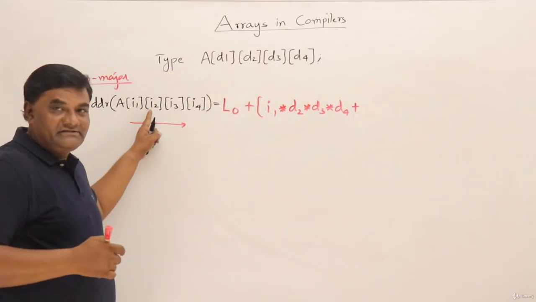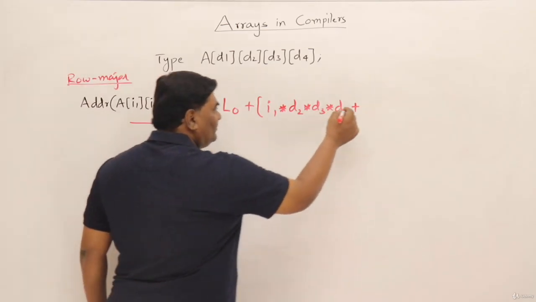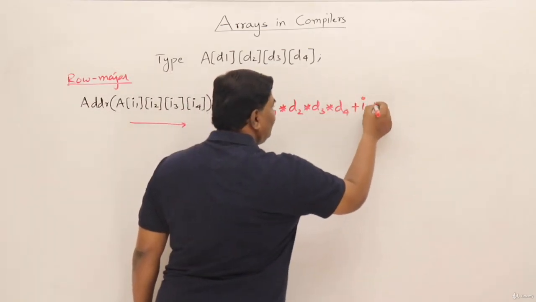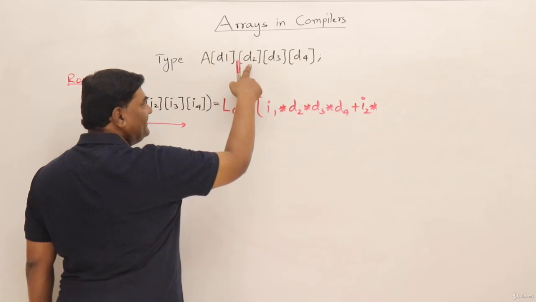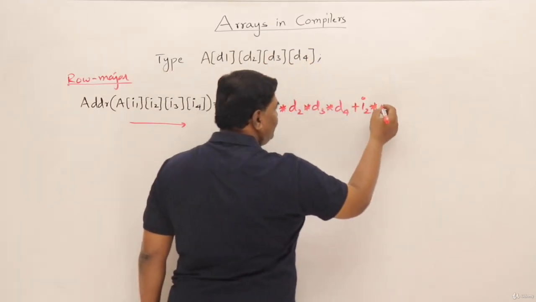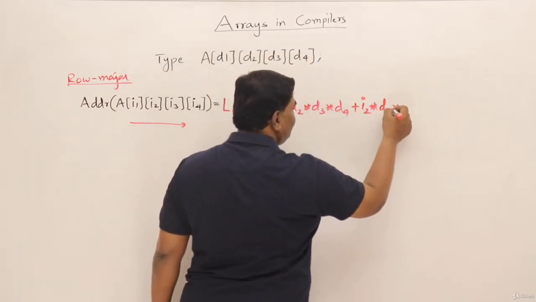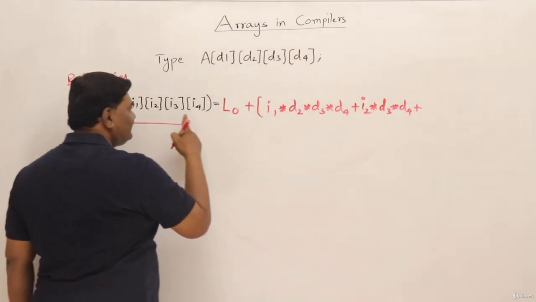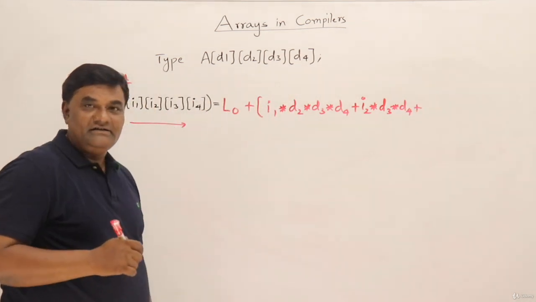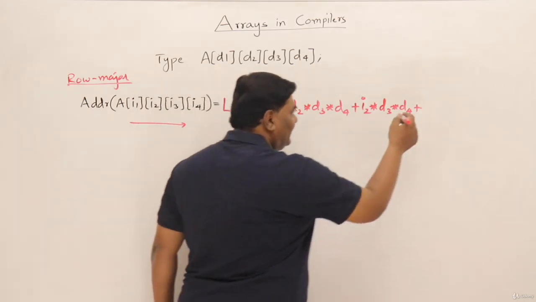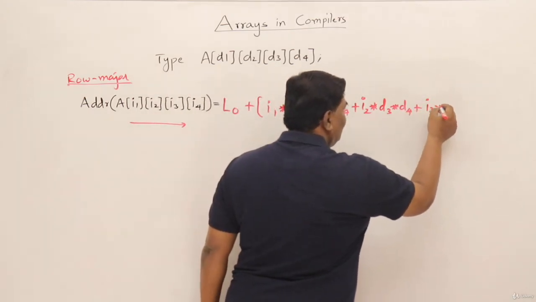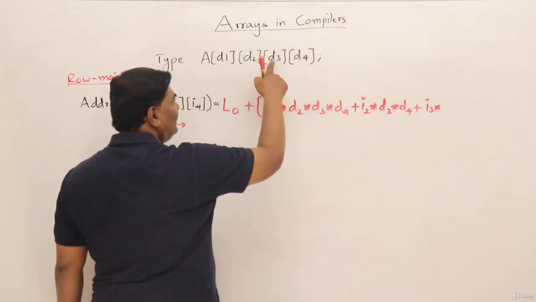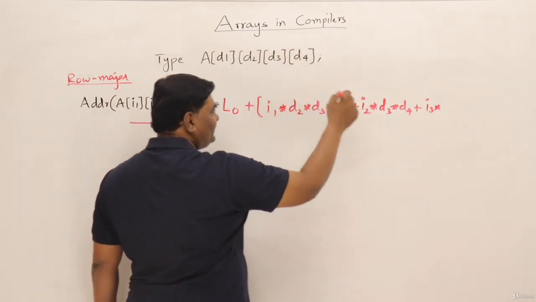Now the second index, that is I2. I2 is multiplied by, after dimension 2, all the dimensions. So this is D3 into D4, dimension 3 and dimension 4. The next is index 3, I3. After the third dimension, all dimensions should be multiplied.